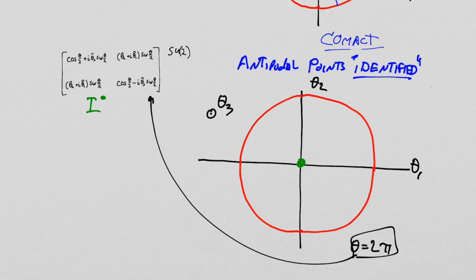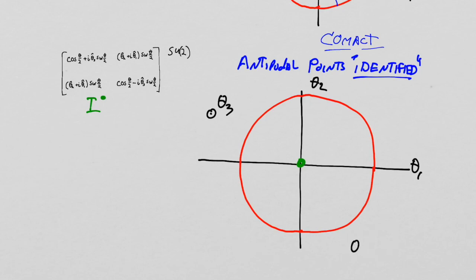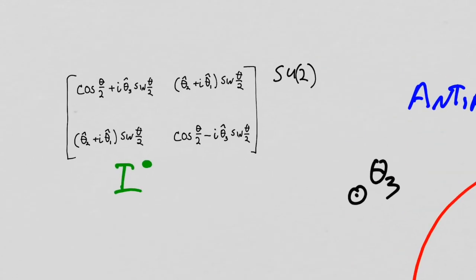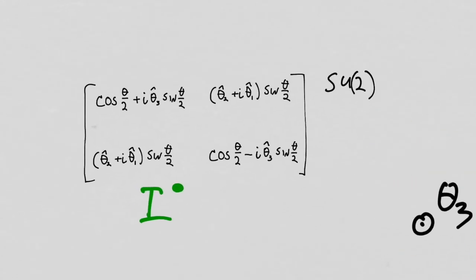Then we look over here at the matrices for theta equals 2 pi, and we discover, well, what's going to happen in this case? Well, sine of 2 pi over 2 is going to be the sine of pi. So these terms are all going to be 0. And then the cosine of 2 pi over 2 is the cosine of pi.